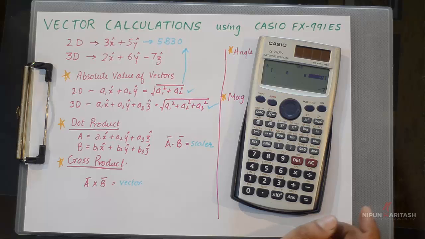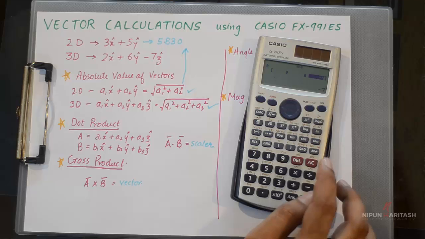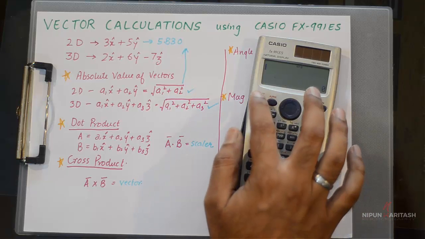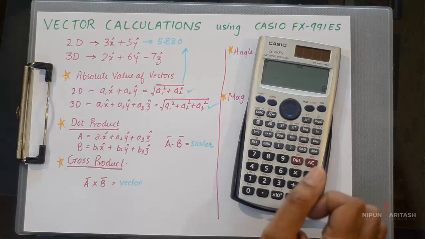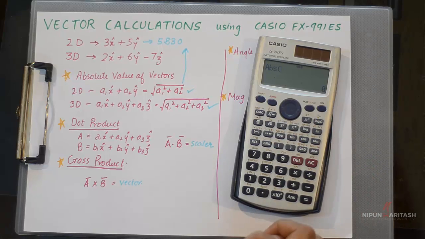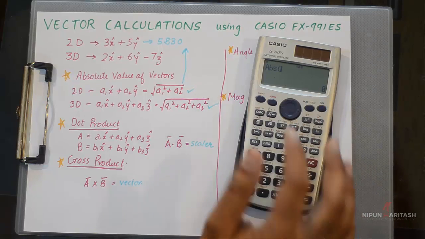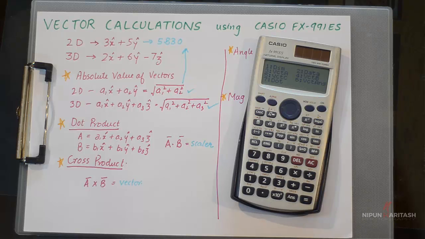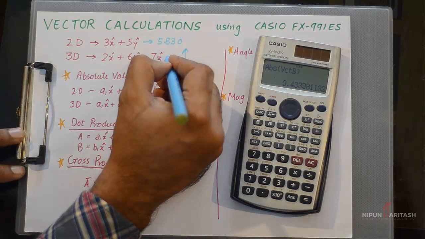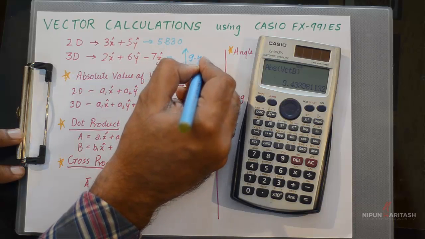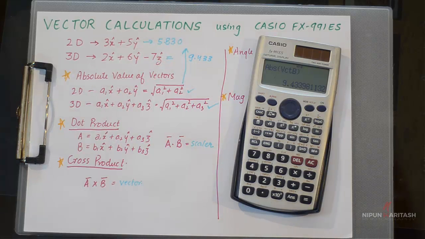Okay, now the coefficients of vector B have been entered into the calculator. I can clear it now. I can go back to shift and press absolute, go back to shift, then vector, select option 4 for vector B, close the bracket, and you get the value as 9.433. So how cool is that? That is how you can easily find the absolute value of vectors.